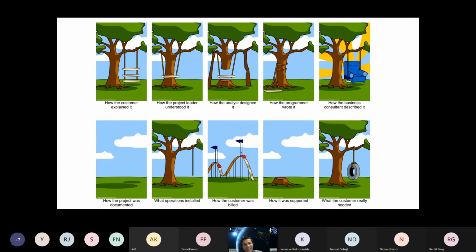The programmer, as usual, they killed it. And so on. You can see how the business consultant and different stakeholders saw the same thing from different perspectives. On a serious note, this actually tells you why projects fail. Everybody comes with a different perspective about the business requirements, or simply what to build.